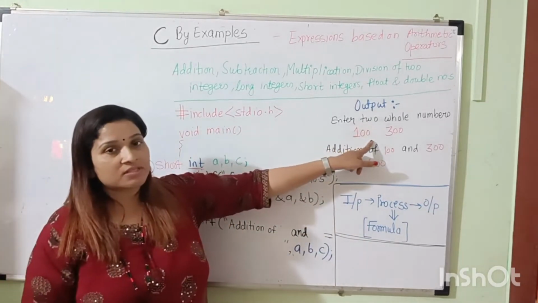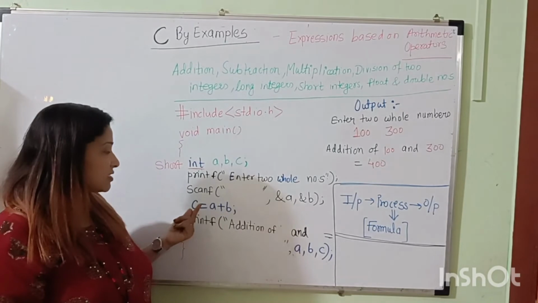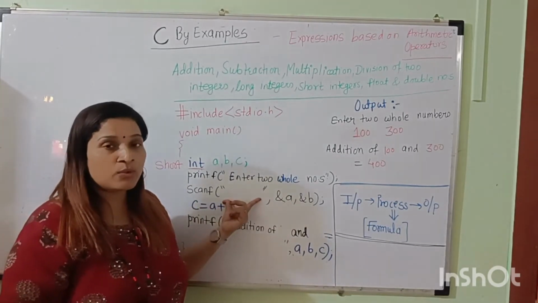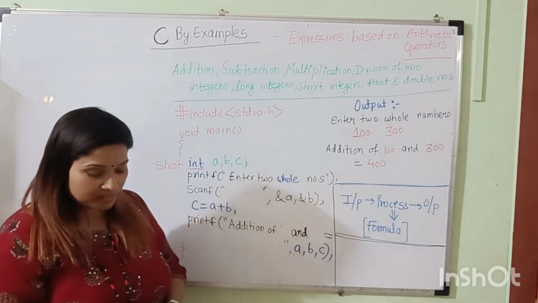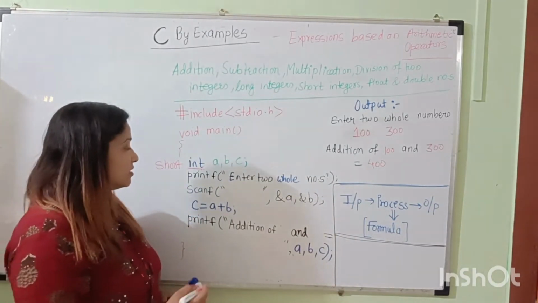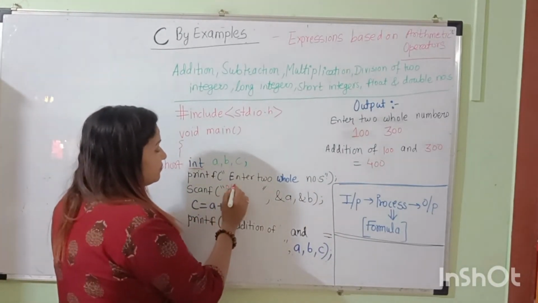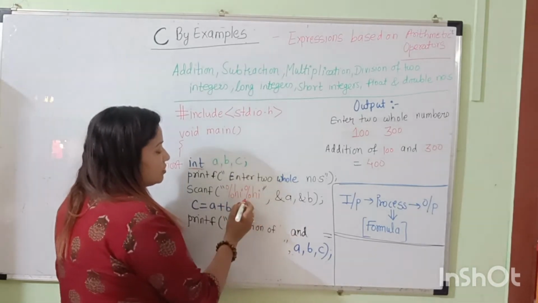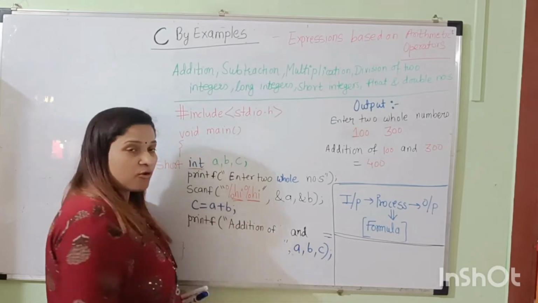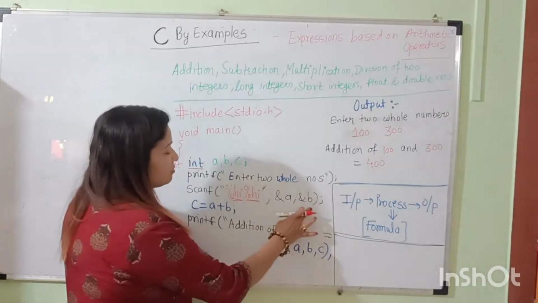Then how to accept these numbers? Using scanf. In scanf we have to write the format in which we are going to accept the two numbers. Now this is a short integer, so for a short integer what we write is %hi, %hi. These are the two formats we have to write because we are accepting two numbers.